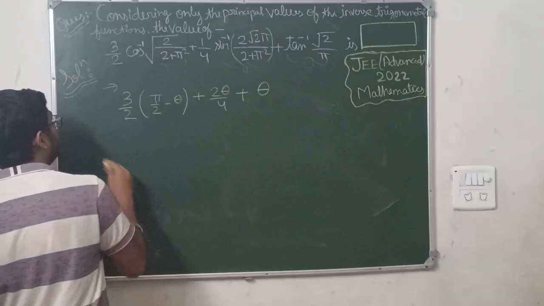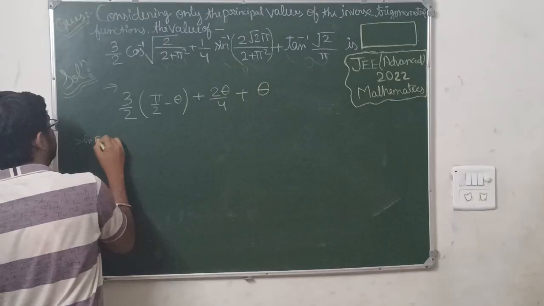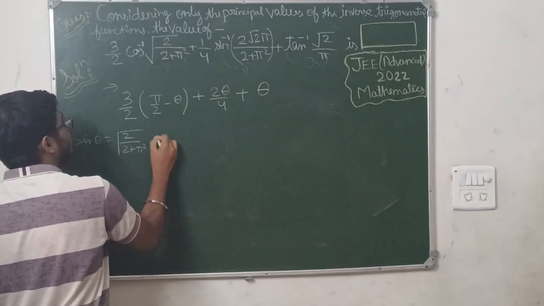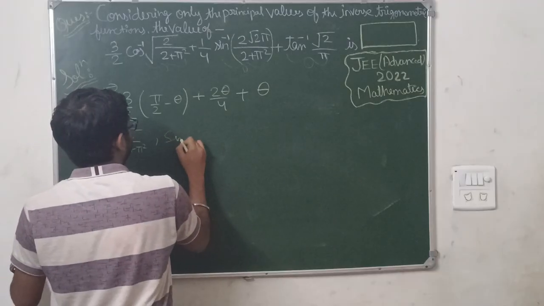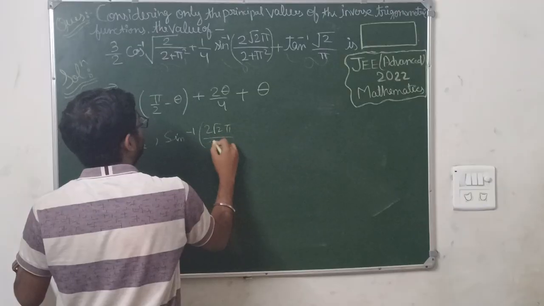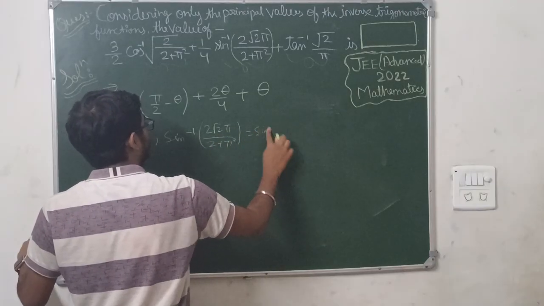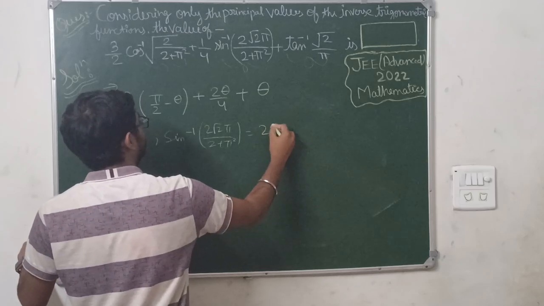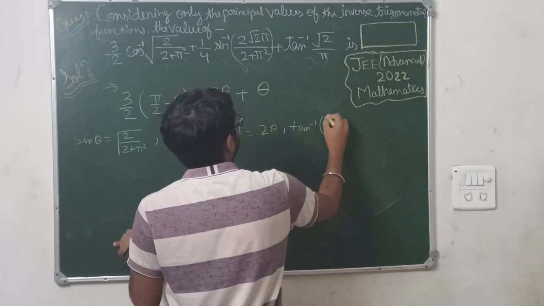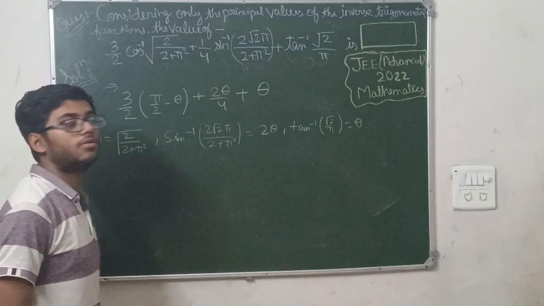If you are getting confused, see what sin theta was: root 2 upon root over 2 plus pi square. Sin inverse 2 root 2 pi upon 2 plus pi square was simply 2 theta. And tan inverse root 2 upon pi was theta.